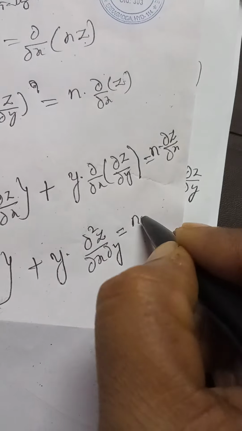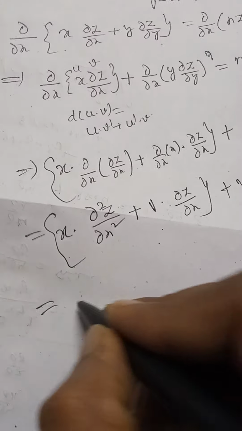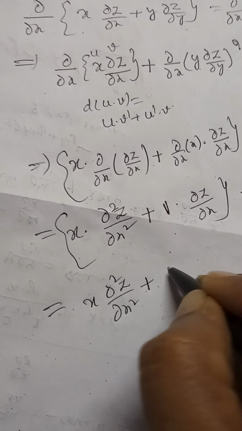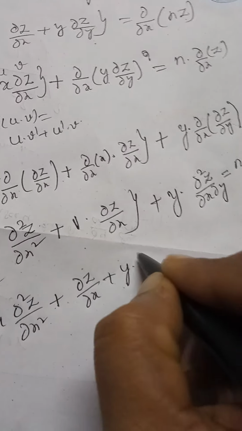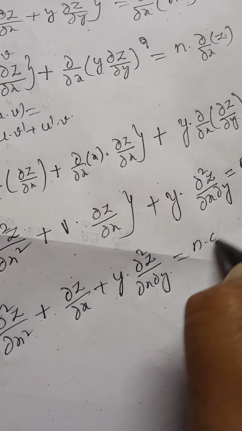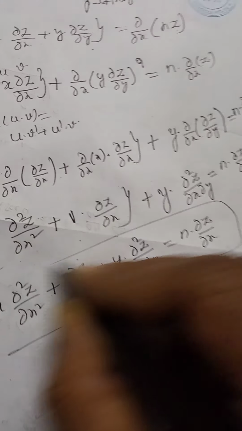On the right hand side n into ∂z/∂x as it is. This implies x into ∂²z/∂x² plus ∂z/∂x plus y into ∂²z/∂x∂y is equal to n into ∂z/∂x, right?